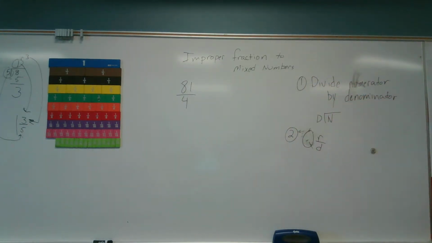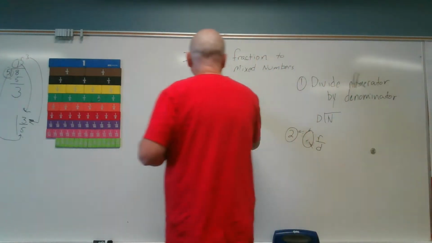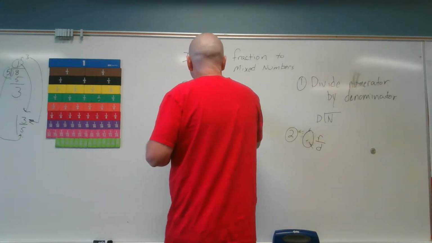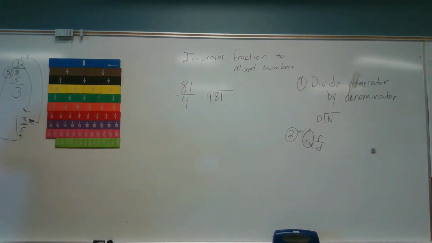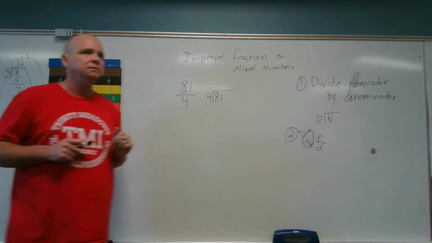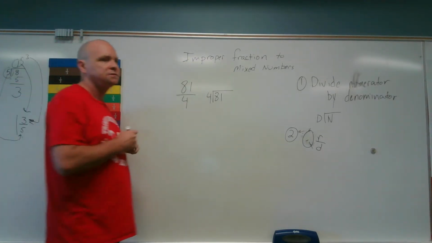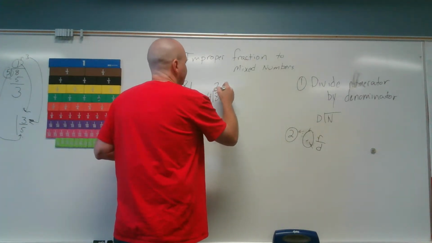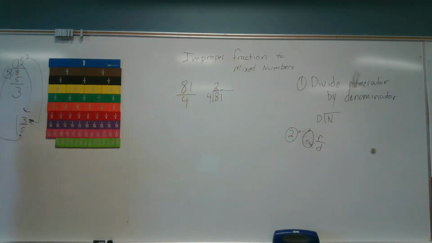Alexis, what is my first step? 81 divided by 4. And Alexis, does 4 go into 8? How many times? 2. So I'm going to have a 2-digit quotient.